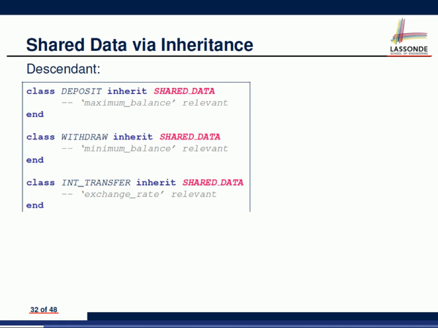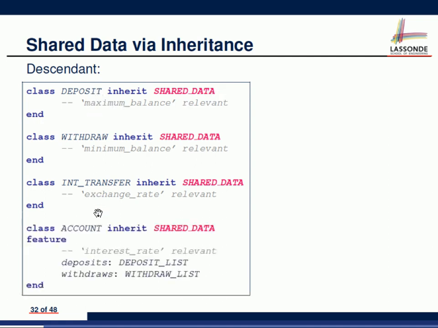So each subclass of ShareData only worries about certain parts of the shared data. For example, in Deposit we don't worry about the exchange rate. Finally, we have the class called Account. Each normal bank account should have a deposit list and a withdrawal list, similar to what you learned in Lab 0.